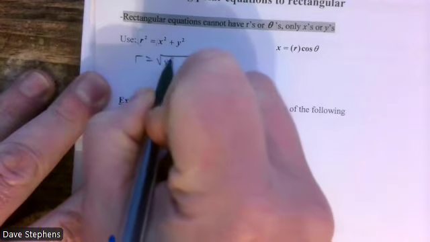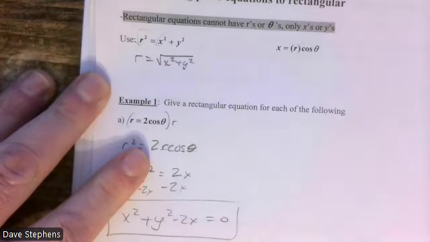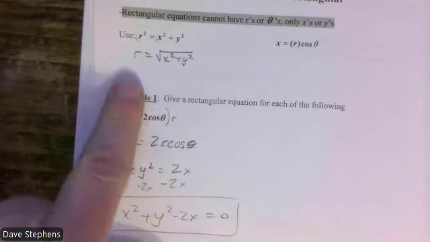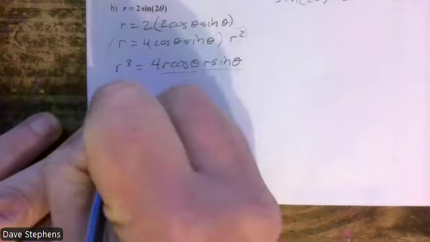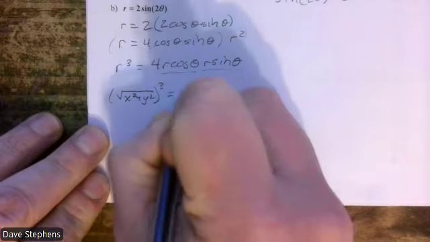gross. I don't like that. So what I can do here is I take the square root of both sides, then r by itself is the square root of x squared plus y squared. r is this. So then I can replace the r here. So I would have the square root of x squared plus y squared, all of that cubed, is equal to 4.